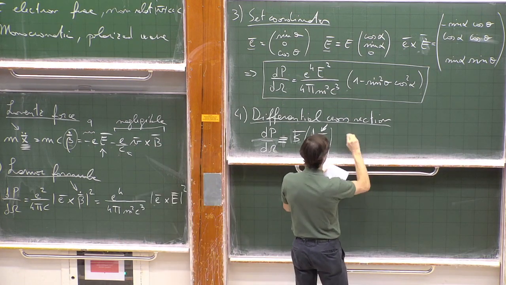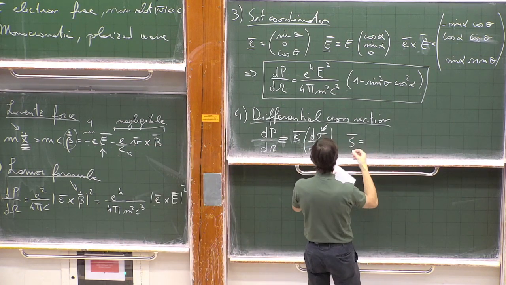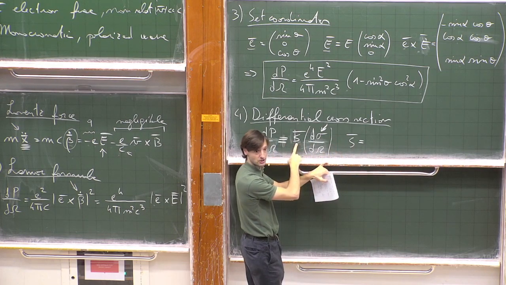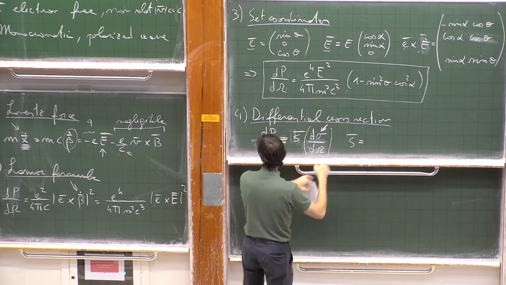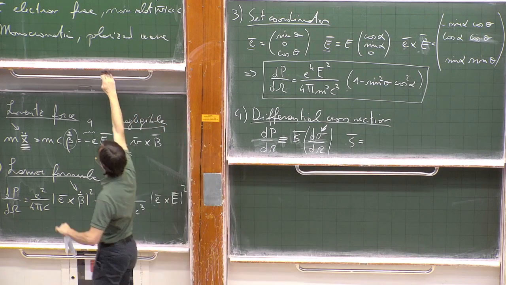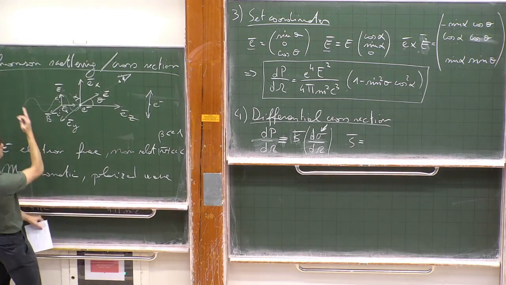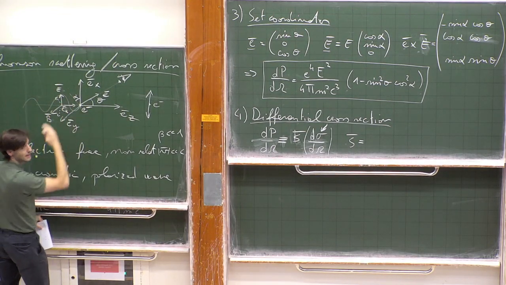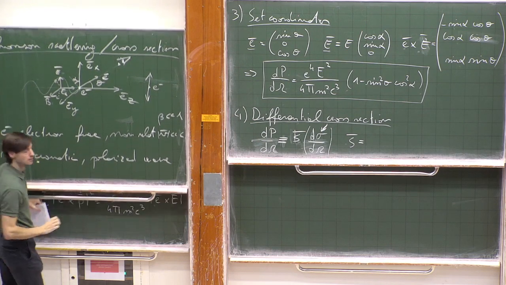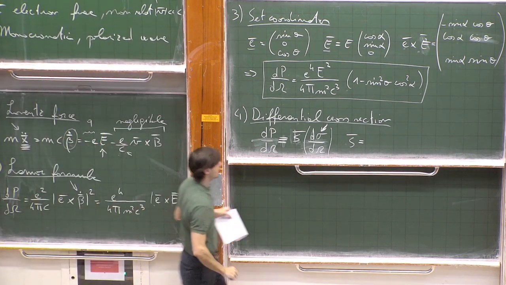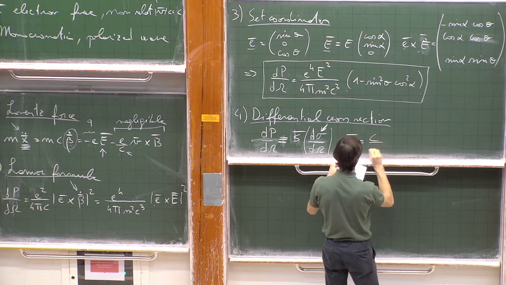To do that, we have the explicit expression. We know what the incoming energy density flux is, which is given by the Poynting vector, because the energy flux of the incoming radiation is that of an electromagnetic wave, and is therefore given by the Poynting vector.